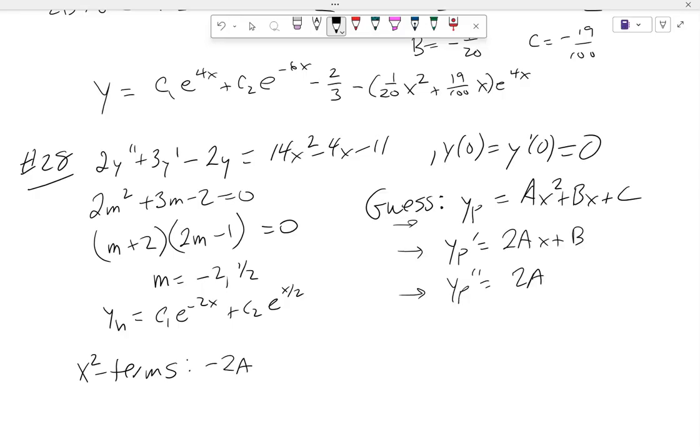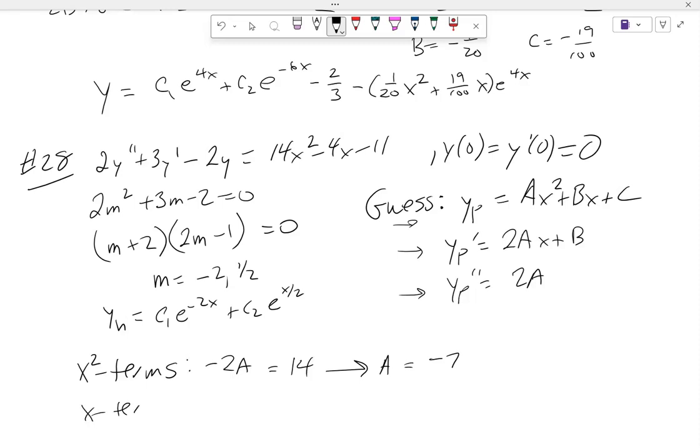So just get a minus 2a is the coefficient on the left. What's the coefficient on the right? 14. Good. That made life easy. Why is it negative? Because of the minus here. Good question, but it's a negative because of that minus. Yep. So a is negative 7.